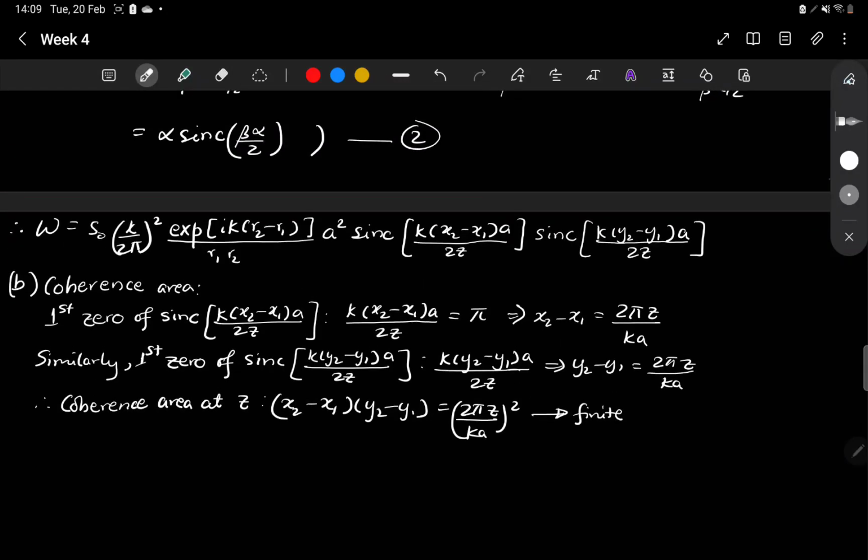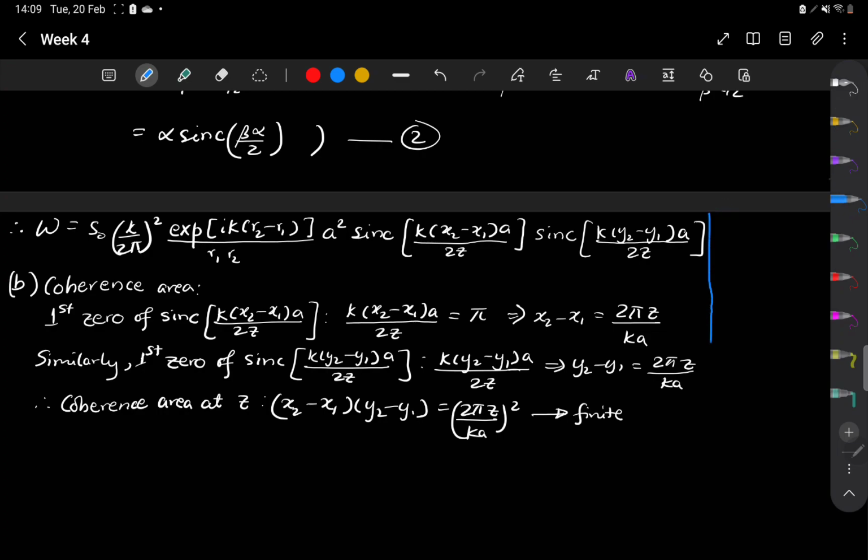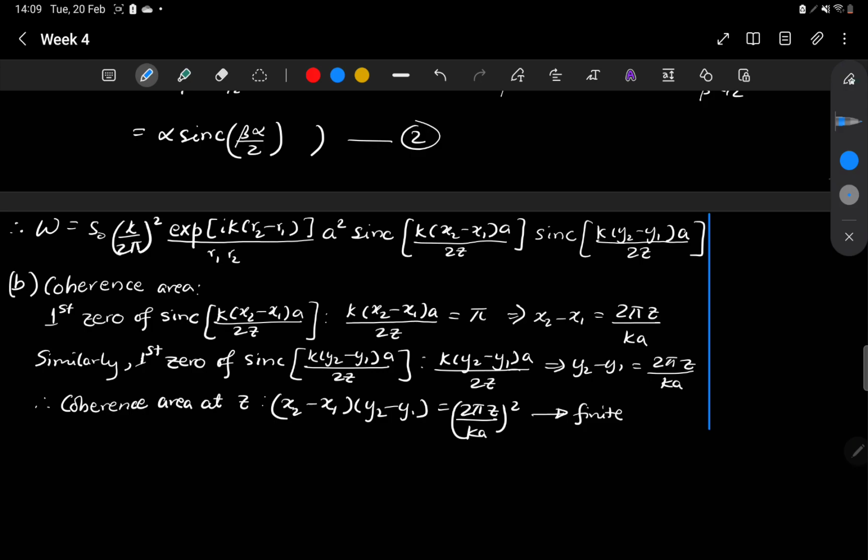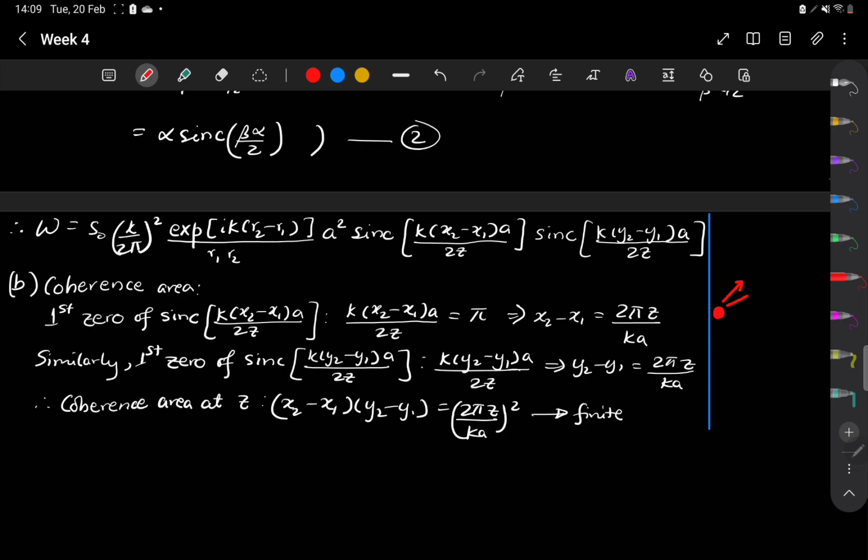Let us say that I have a source which is incoherent and spatially incoherent, so the k vectors will be all over.